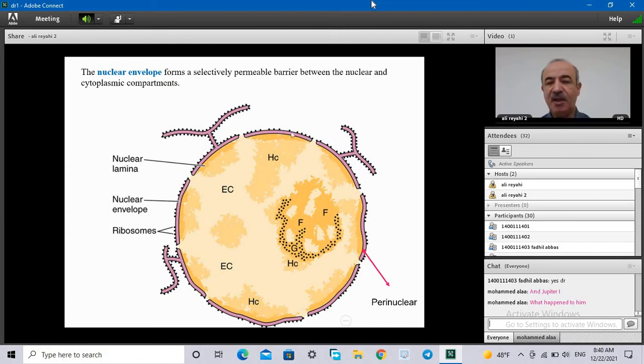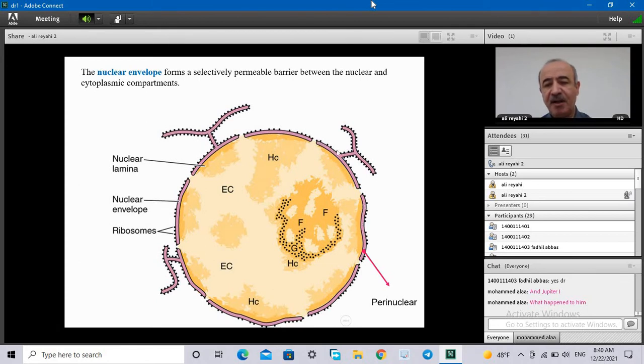The nuclear envelope contains two separated membranes, outer membrane and inner membrane, and the perinuclear cistern. Between two membranes, this space is called perinuclear cistern or perinuclear space.